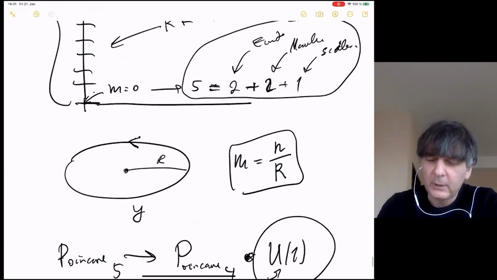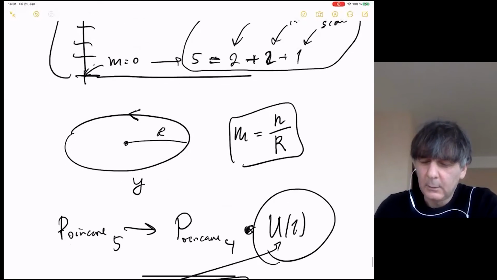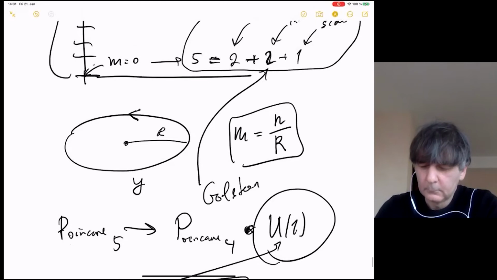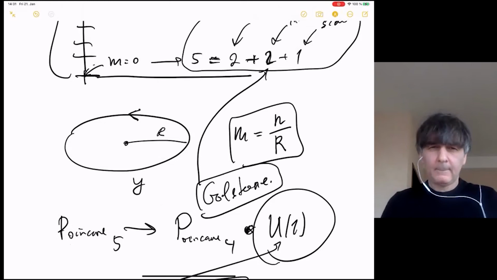So you can also think about this vector, a Maxwell field, as a Goldstone. That's one way to understand why there is a massless vector once you compactify.